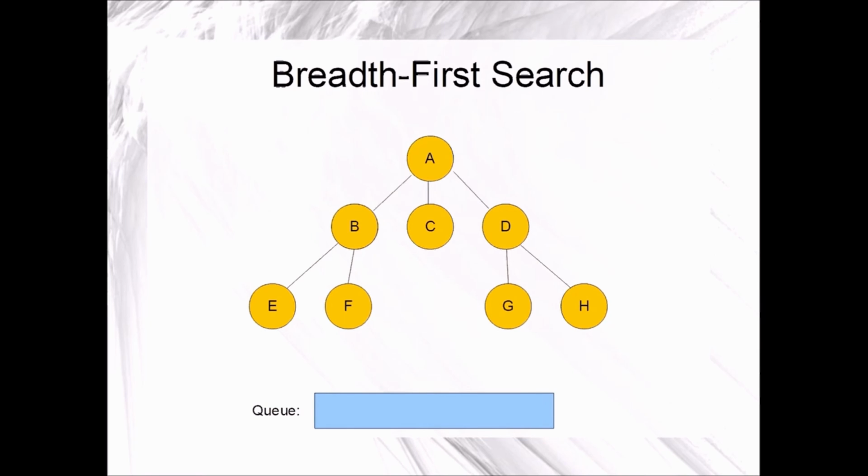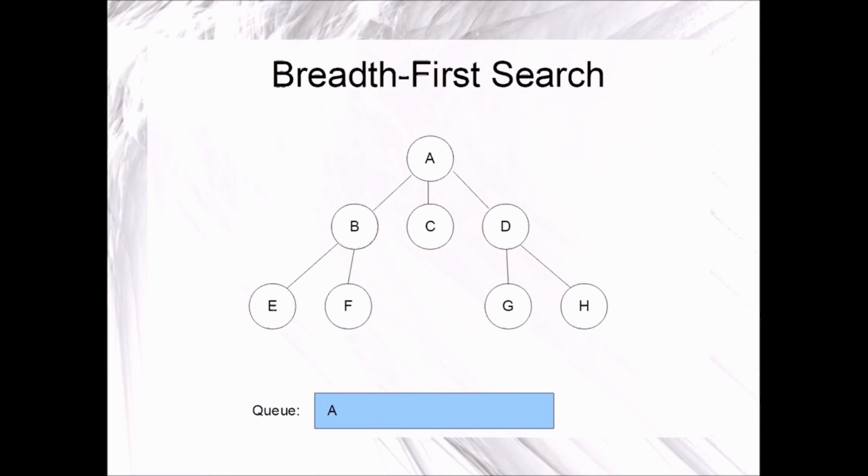Let's get started. The first thing that's going to happen is we're going to clear all the marks and then enqueue some starting vertex. For this example, we'll begin with vertex A. That concludes the setting up portion of the algorithm, the first phase.